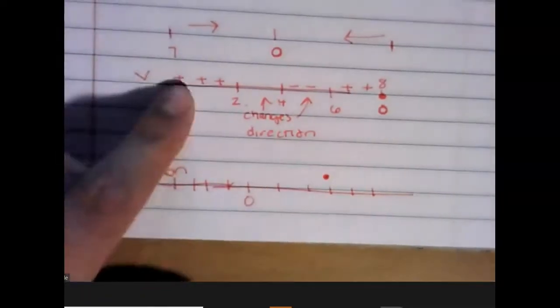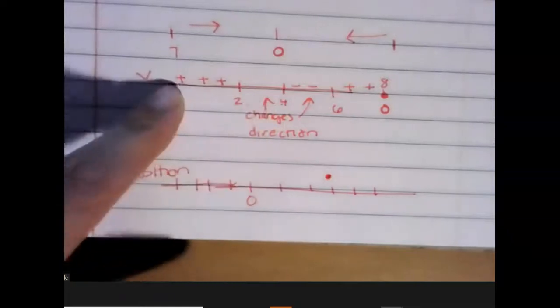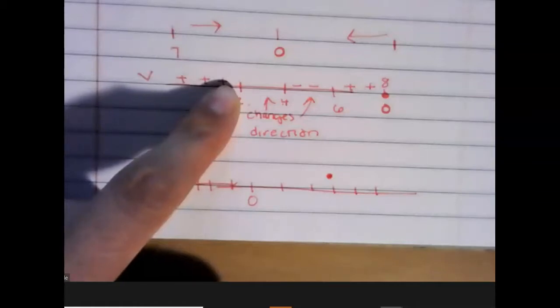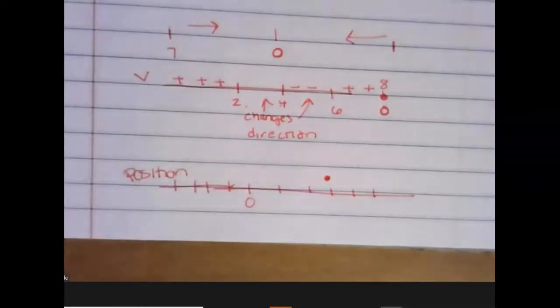From 0 to 3-ish, it's moving in the positive direction because velocity is positive.